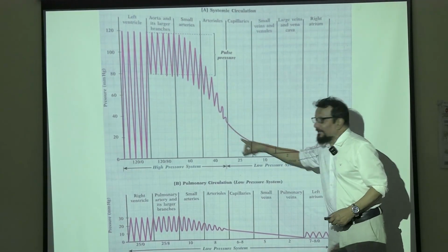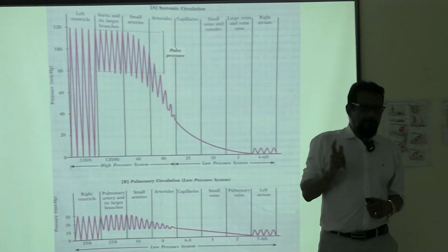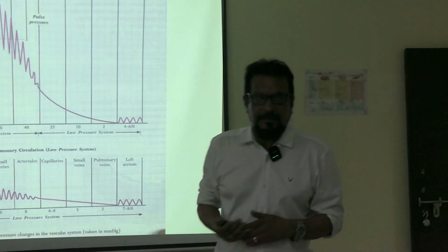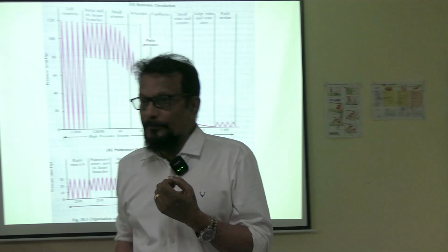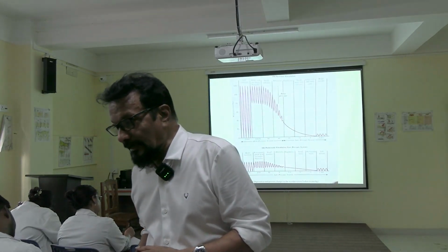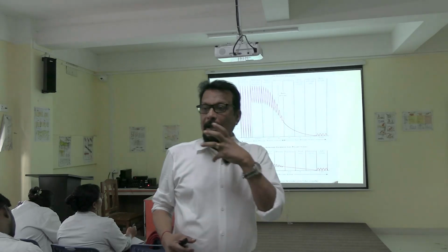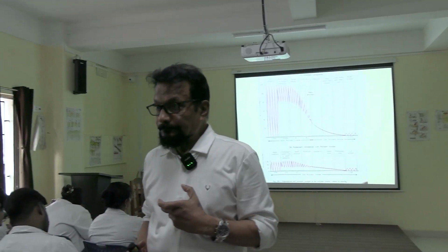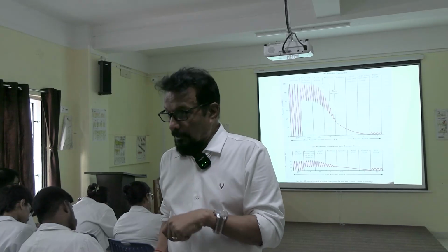This is actually the mean pressure. How can you determine the mean pressure? Diastolic pressure plus 1/3 of pulse pressure. My blood pressure is 120 by 80 millimeter of mercury.